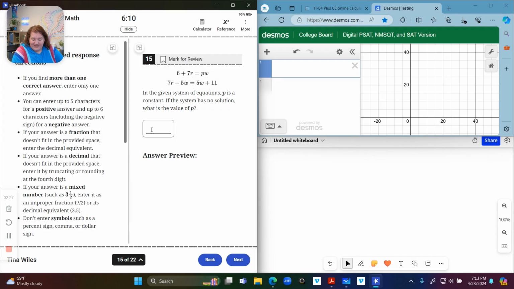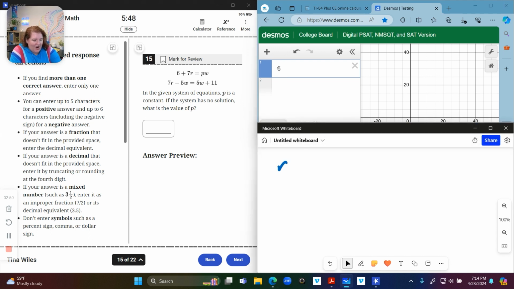Number 15. All right. 15, 6 plus 7r, they give us the whole thing. In the system of equations, p is a constant. The system has no solutions. Okay, like I just mentioned with the slider, I can't use r and w, so I'm going to say r equals x.